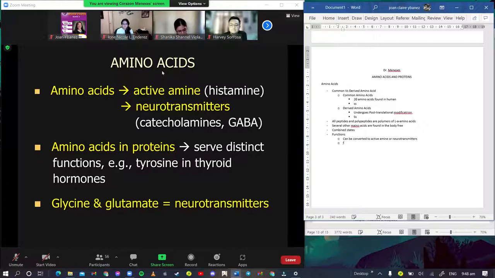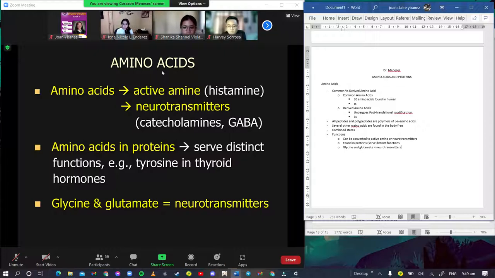Thyroid hormones have tyrosine, and the tyrosine is actually iodinated for the functions of your thyroid hormones. Then glycine and glutamate by themselves are neurotransmitters. So by these three slides, you will notice that amino acids are very important because they can give rise to different types of protein that can play an important function in the body.